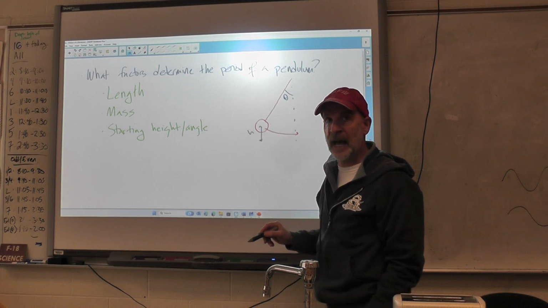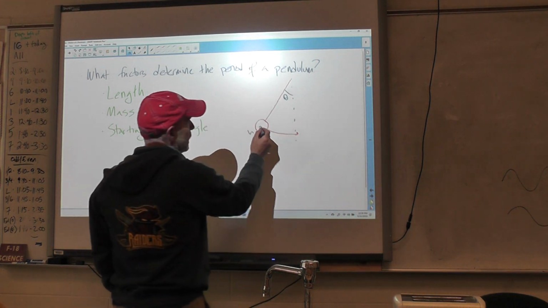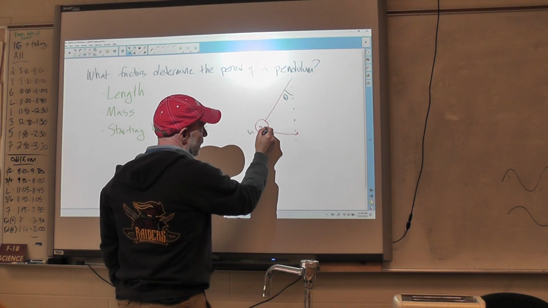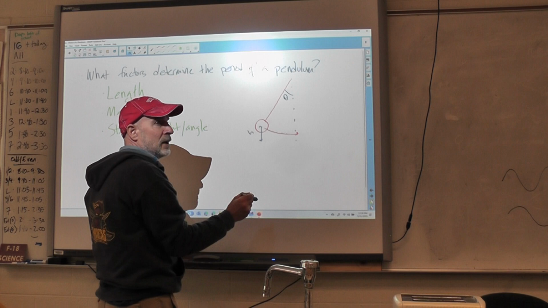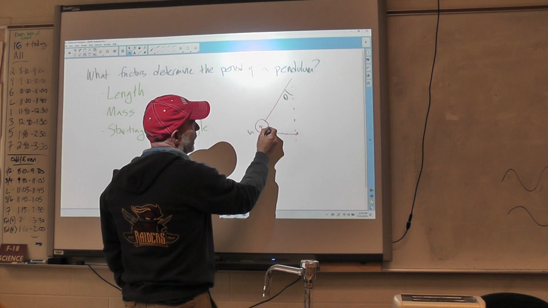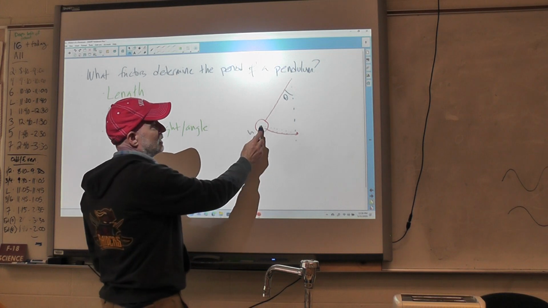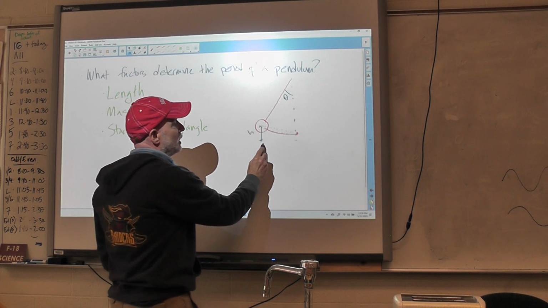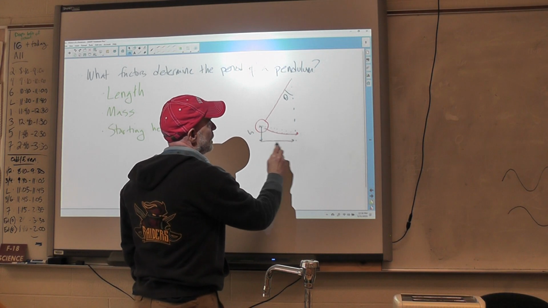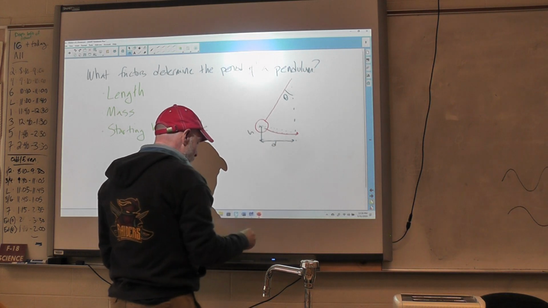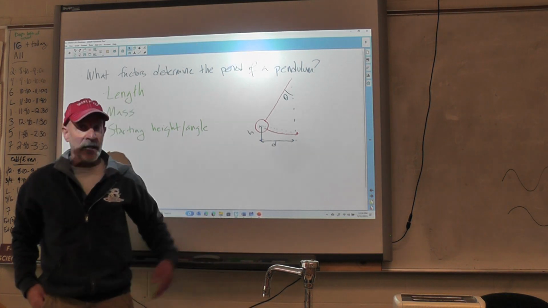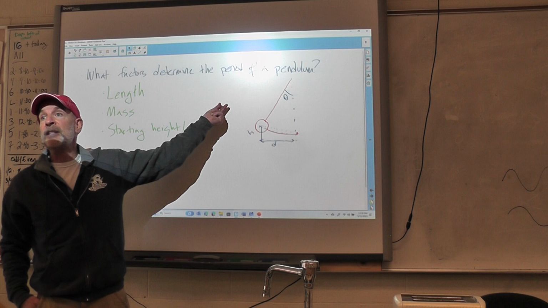We could also think about the length of this arc, or the linear displacement, or even just this horizontal distance. All of those will increase as you pull the mass farther, right?